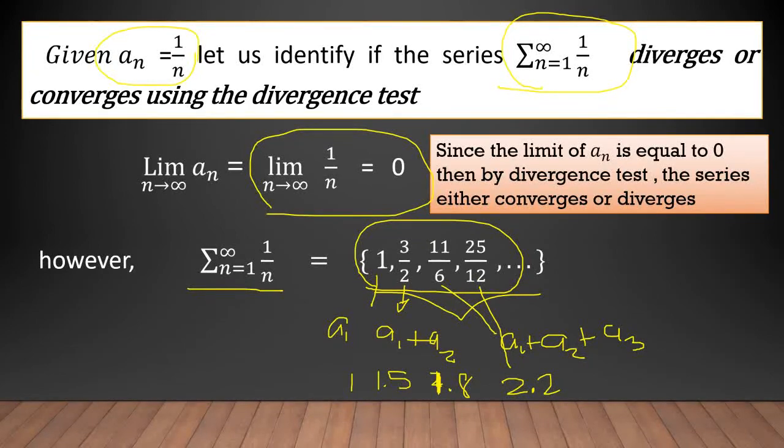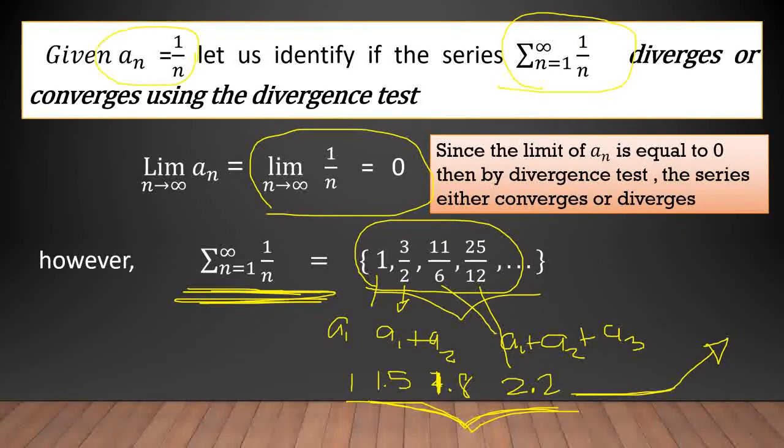As we can see, the sequence terms are increasing, and the partial sums are also increasing, from 1, 1.5, 1.8, 2.2.